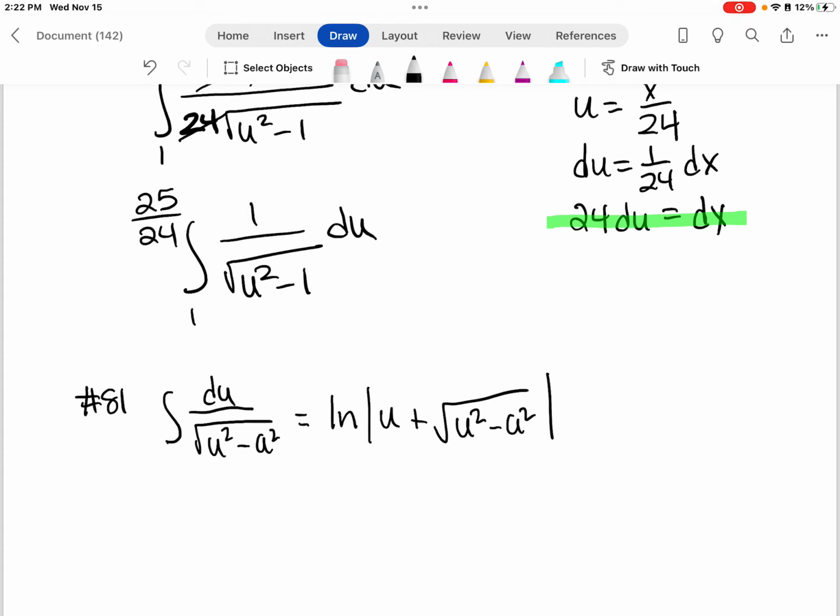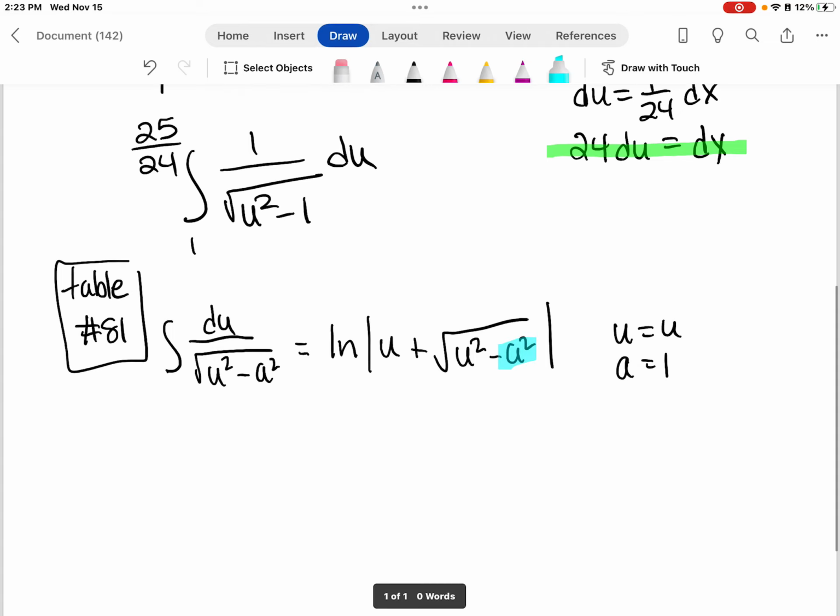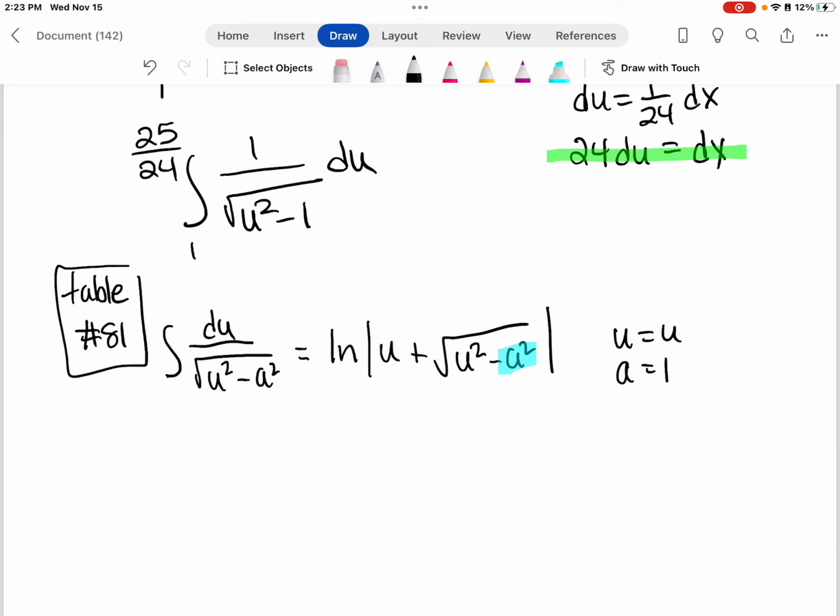But we don't have to worry about the plus c in this case because we're using a definite integral. So this is what shows up in the integral table, number 81. So our u in this case is just u, and our a in this case is 1. That's 1 is equal to a squared, so a is 1.